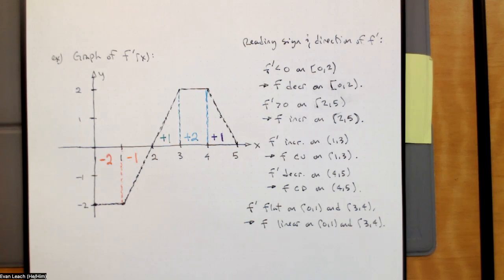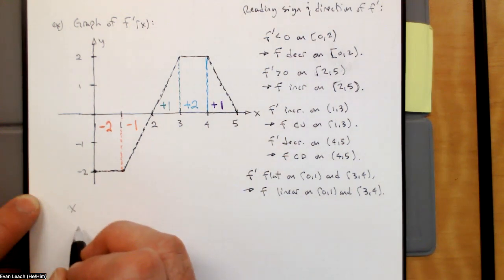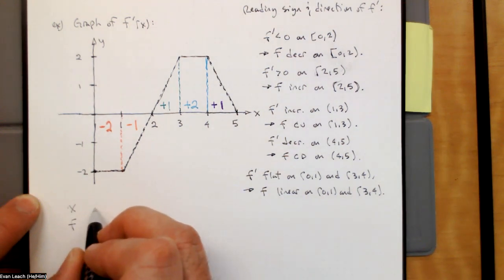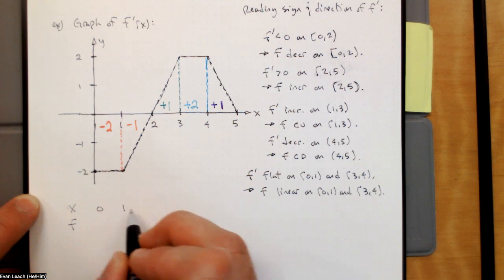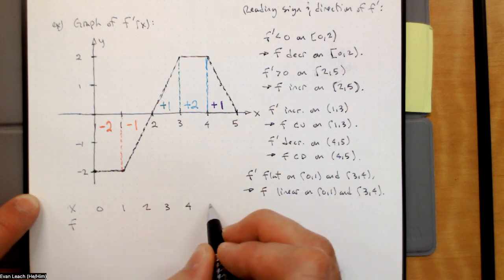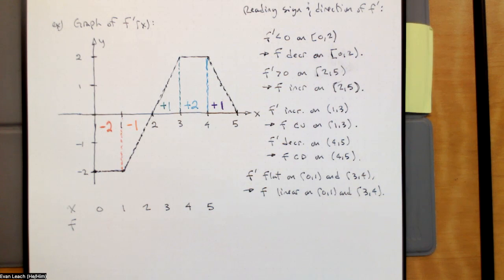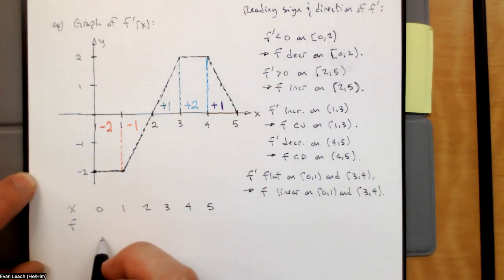I can use this to start building a table of values and eventually a graph of the function f. So we know how much the function is changing from 0 to 1. From 0 to 1, we should see a decrease of 2.